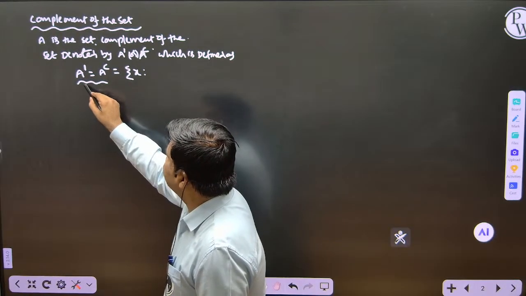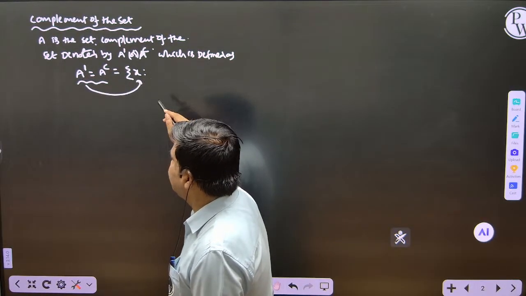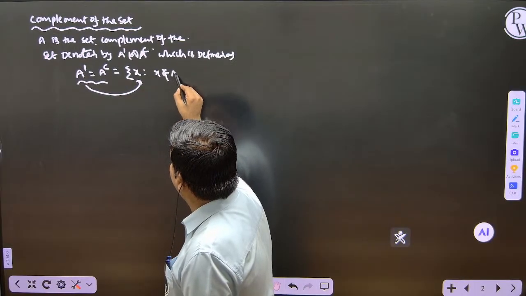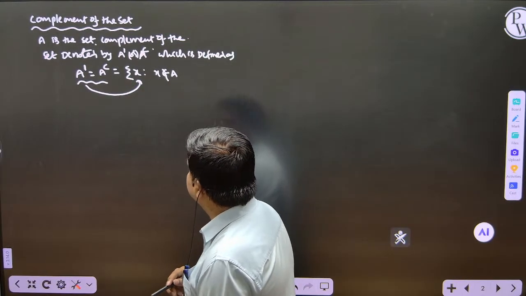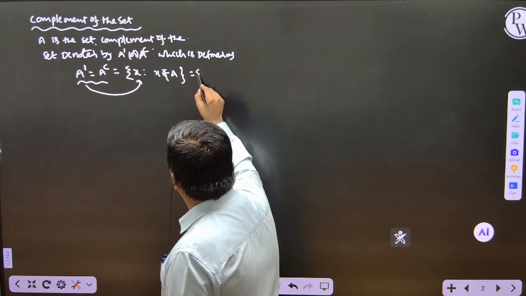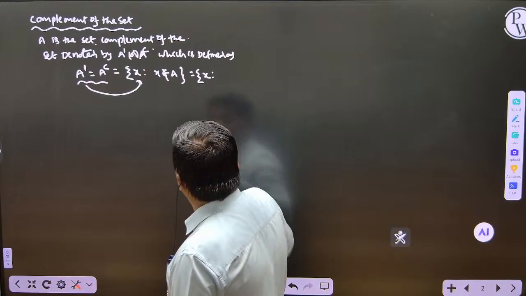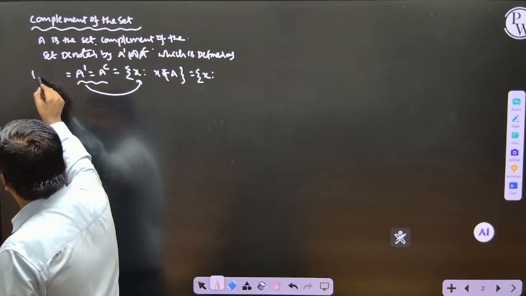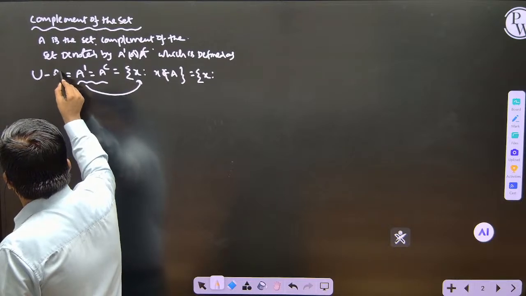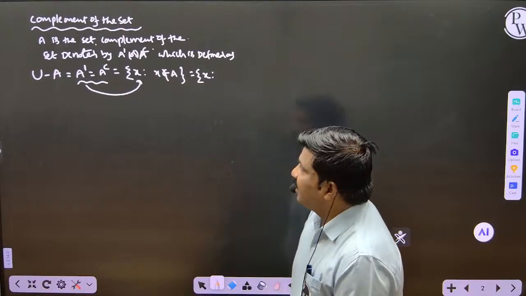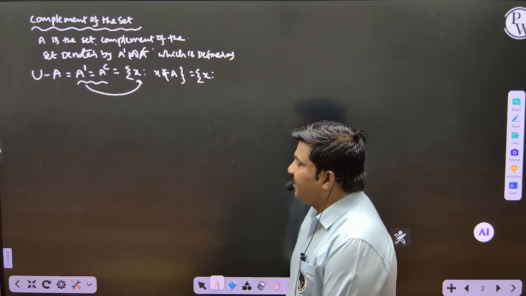A complement consists of the elements X, but those X are not belonging to A. It can also be written as: from the universal set you delete A.